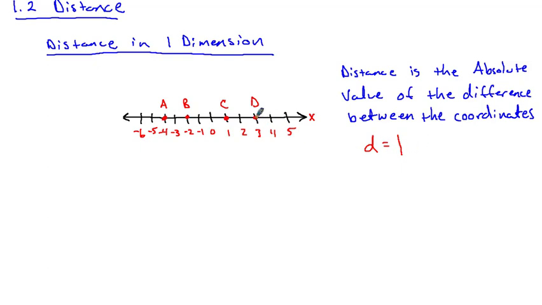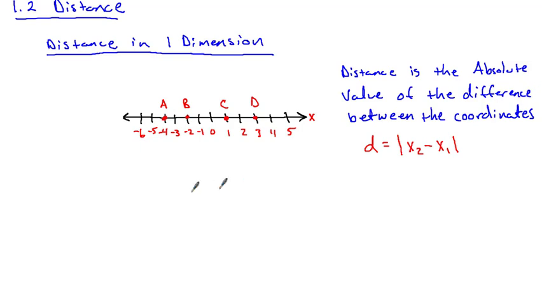Now the coordinates are these points, so the coordinate for D is 3, the coordinate for C is 1. So our coordinates on our little x-axis are going to be an x2 and an x1. So the difference between those would be x2 minus x1. So it's important that we differentiate between our x's. All these points are on the x-axis, so they're all x values.